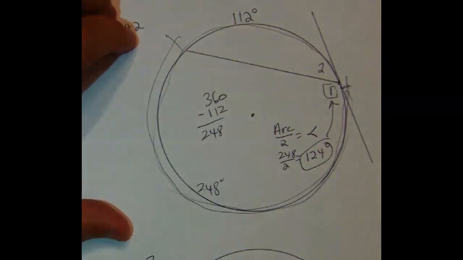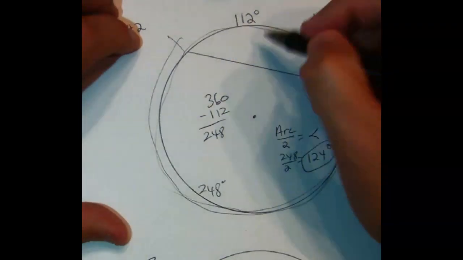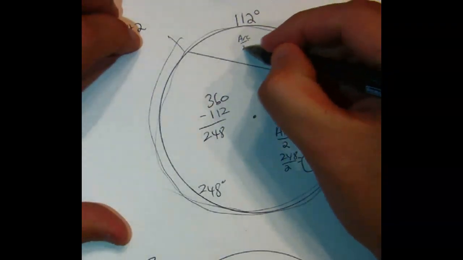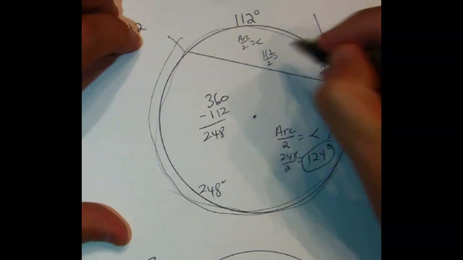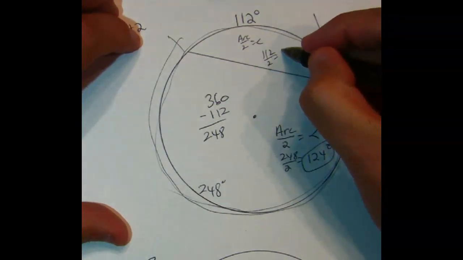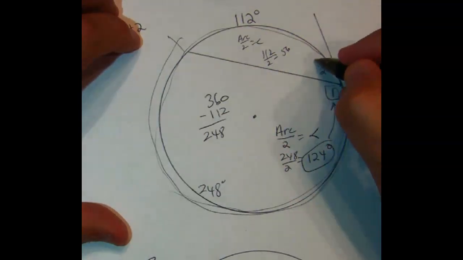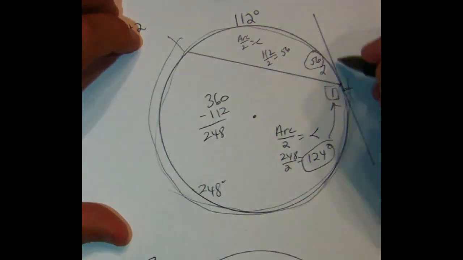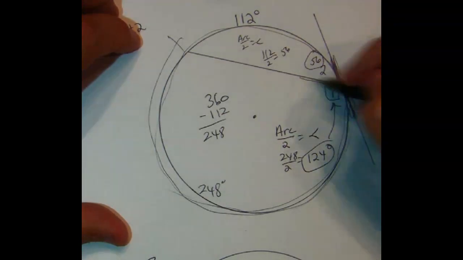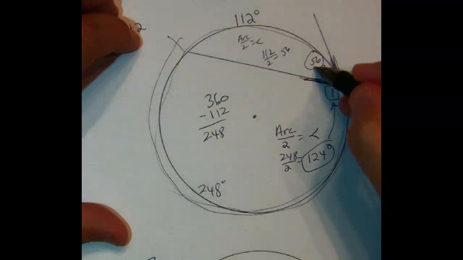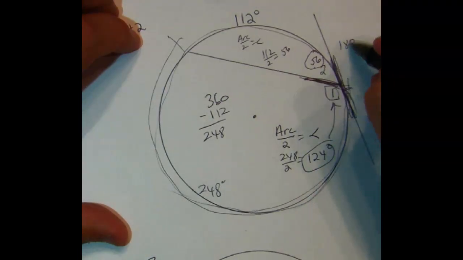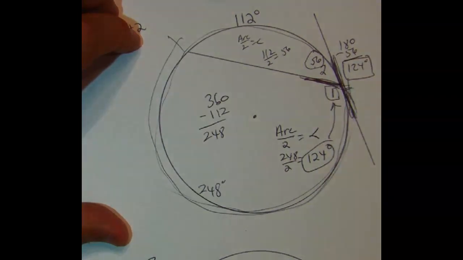The second way you could have done this problem is you take the arc divided by 2 gives you the angle. So 112 divided by 2 gives you 56 degrees. And since we have a straight line, a linear pair, supplementary, if this is 180 and that is 56, 180 minus 56 is 124. So you have two ways of working that problem.